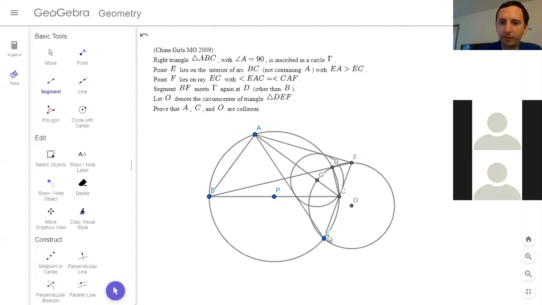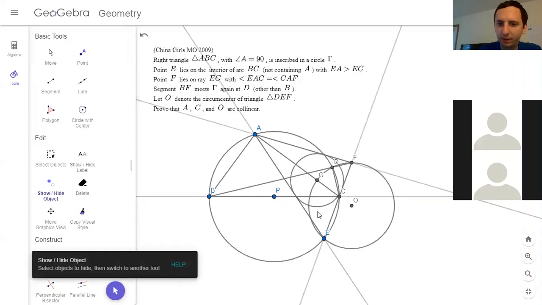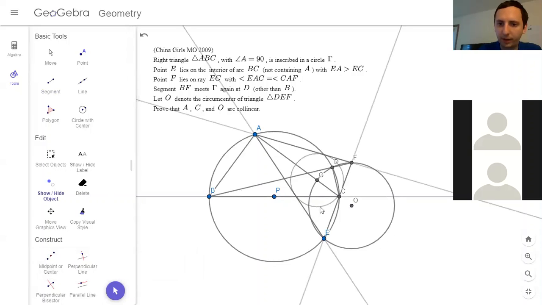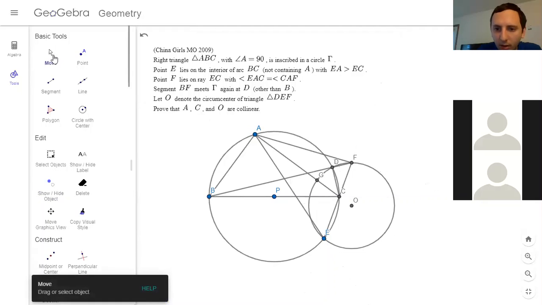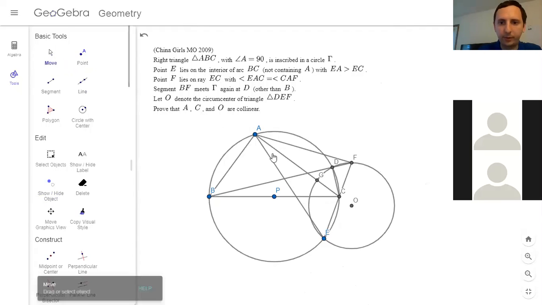So then we can show FOEA is cyclic, and then that solves it. So yeah, we don't even need the in-center stuff, do we? I don't even think we need point G, really. I think we just need, yeah.